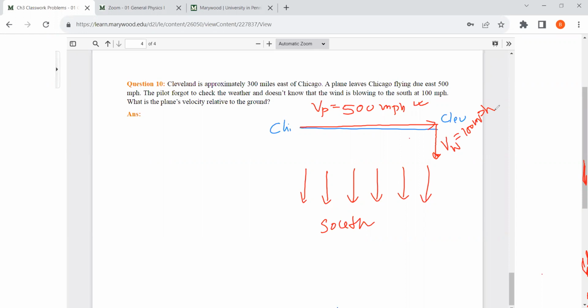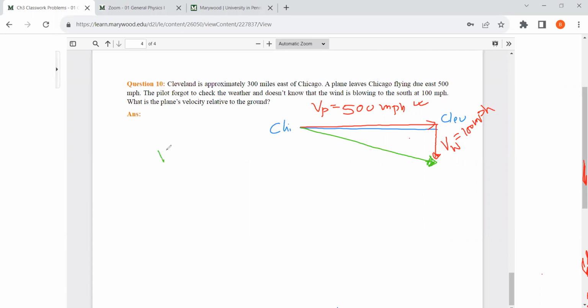So what is the resultant velocity? What is the net velocity for this plane? It is exactly similar to the last problem. You see that this is the first vector, this is the second vector, so we can draw this line using the tail to tip method, and this is the resultant velocity.